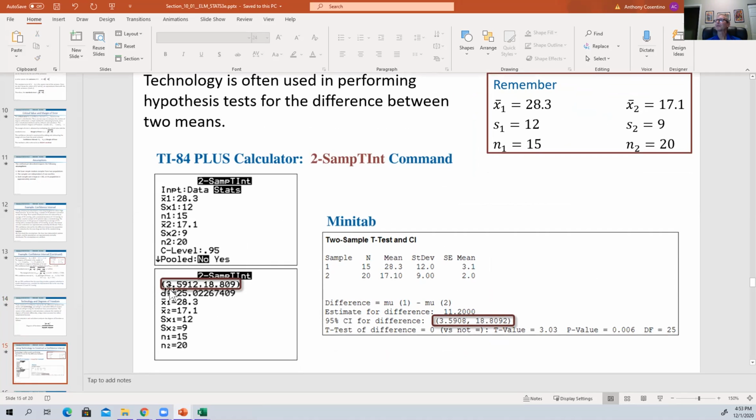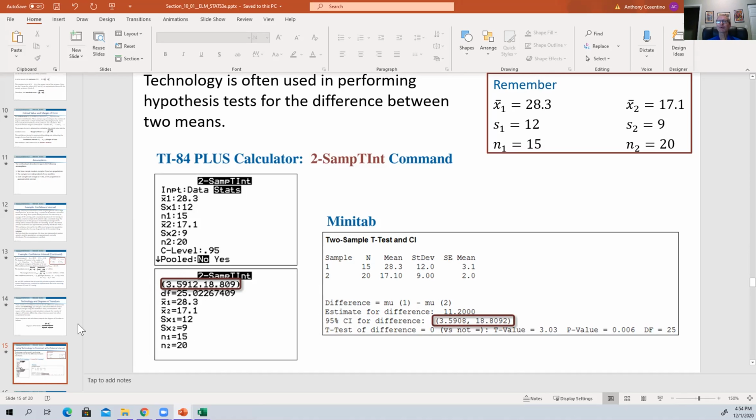And you see that you end up with 3.59 for the lower bound and 18.809 for the upper bound. And you could see that the degrees of freedom, instead of being 14, ends up being 25.022 in the calculation using the more sophisticated and more accurate formula.